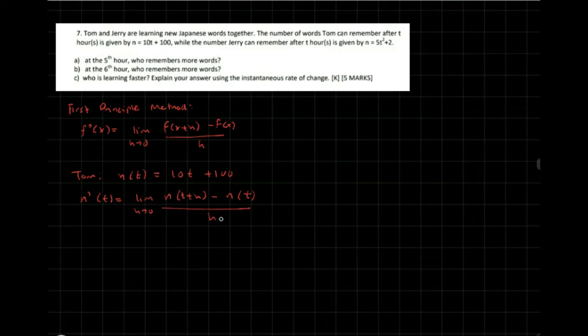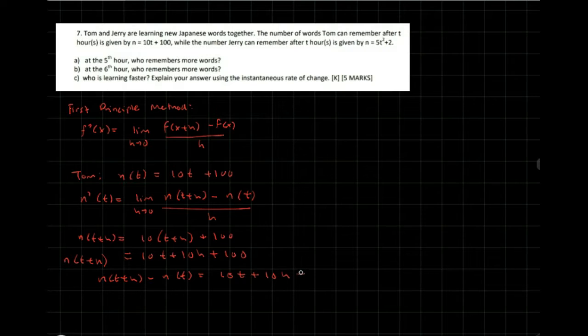Your point here is to cancel out the h. n(t + h) is equal to 10(t + h) + 100, which is 10t + 10h + 100. Looking at the numerator, n(t + h) minus n(t) is 10t + 10h + 100 minus n(t), which is 10t + 100.